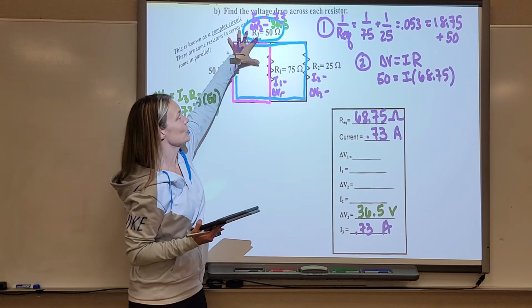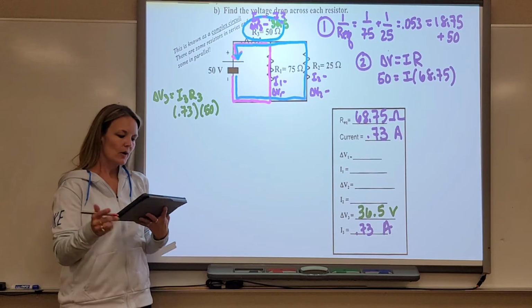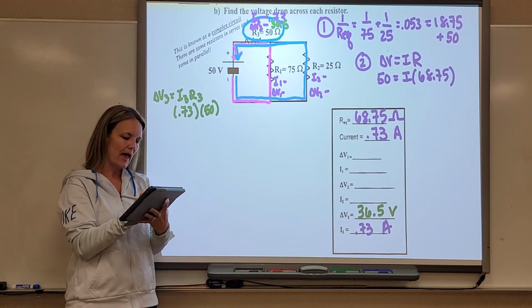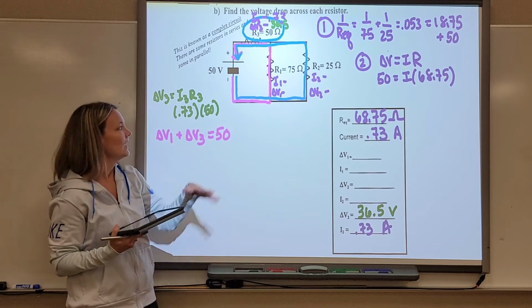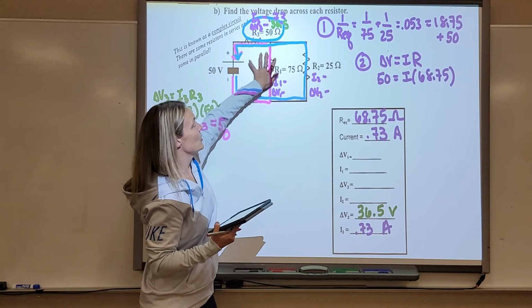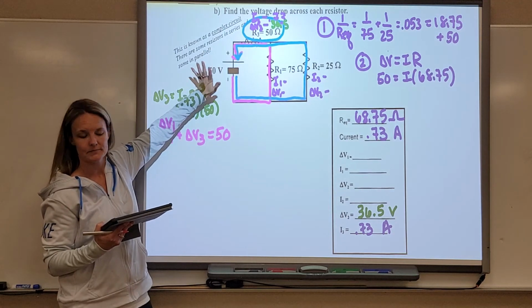The two voltages have to add up to the total. That's just one of the rules. So as I follow the pink path, delta V1 plus delta V3 have to add up to 50.